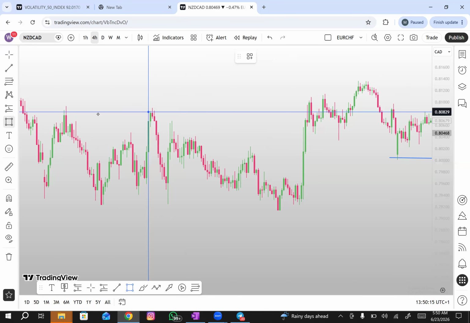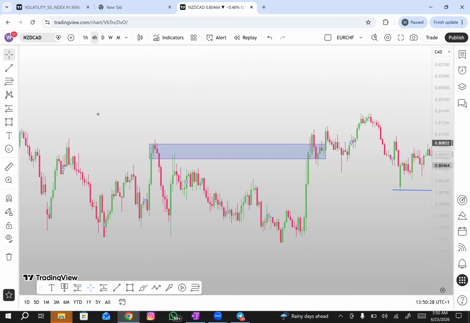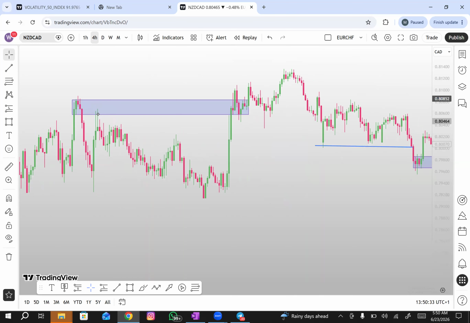This is another one: you cover the last bullish candle before the significant bearish move right there, and that is the bearish order block. And what did the price do? Price came into the order block, sold, then came back into the order block and even broke through. So that is an order block.